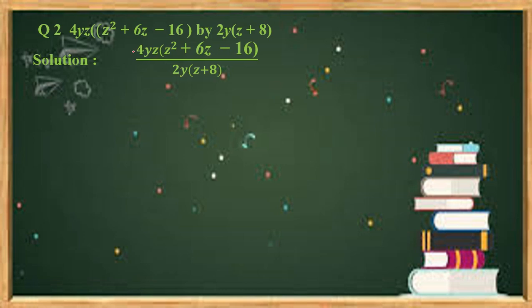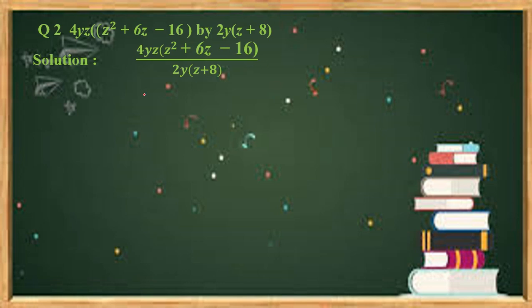So 2 and 4 will divide, and y and y will also divide, but how can we divide the rest? First we have to factorize z square plus 6z minus 16, then we can get its factors and perform the division.